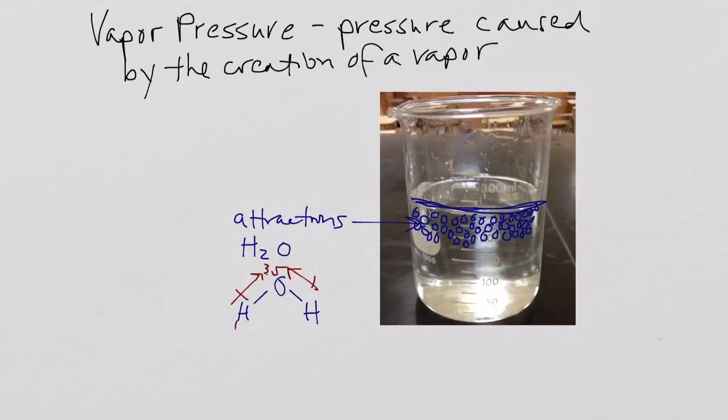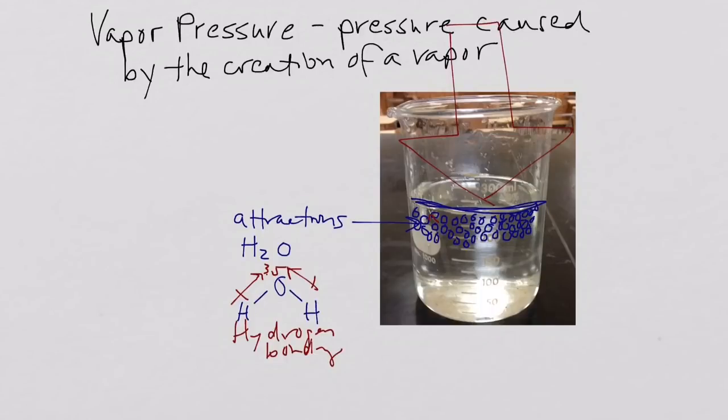So we get hydrogen bonding, or like I like to call it, super duper dipole forces. So that's what's holding these molecules together. However, there's also, remember, atmospheric pressure pushing down on us. So between those two things, our water ends up staying in our flask.